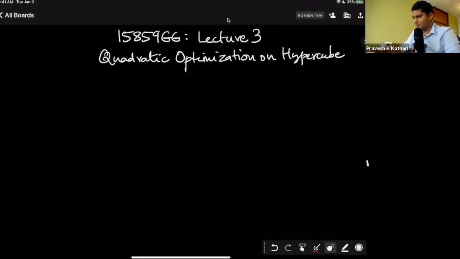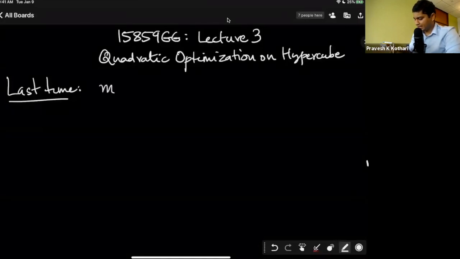Okay, so let's study quadratic optimization over the hypercube. Last time, we saw the Goemans-Williamson algorithm for max cut. Recall that that was the problem of maximizing over the Boolean hypercube this quadratic polynomial f_G(x).